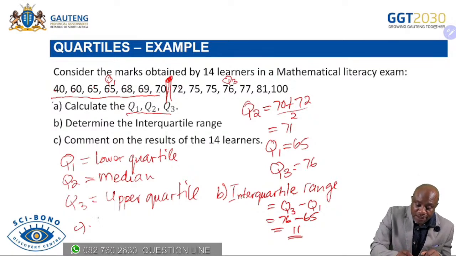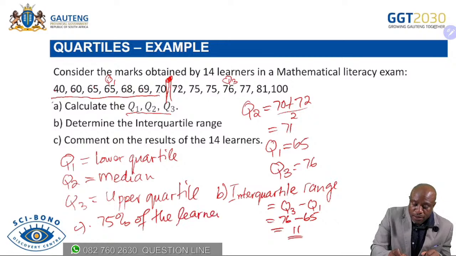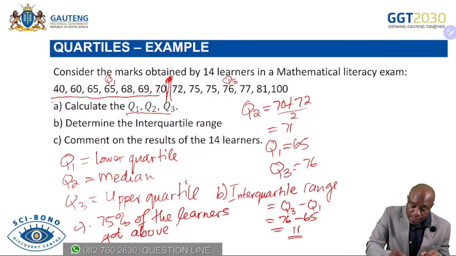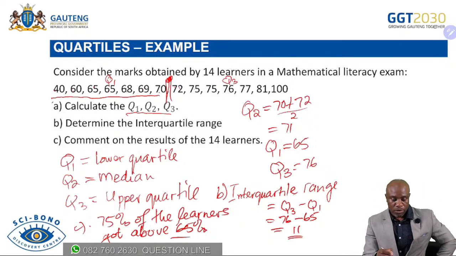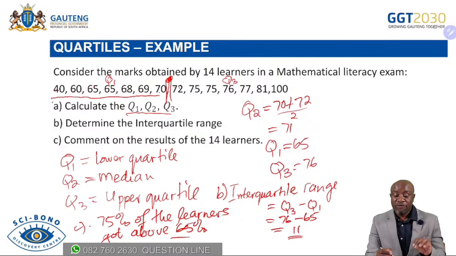That means 75% of the learners got above this Q1. What is my Q1? 65%. And that's a lovely class. That means this class performed very well, and I hope you also did very well. So that means 75% of the learners got above 65%.